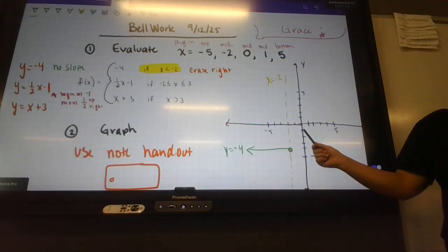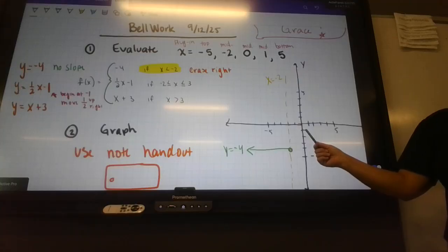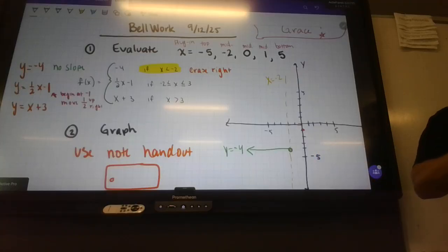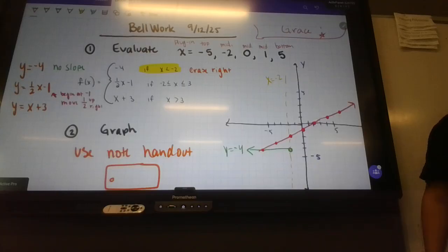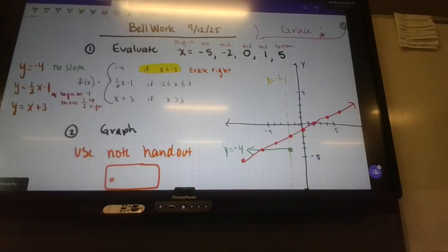So here's the -1 I start at. You might not understand everything that's happening, but you should know how to graph that line.